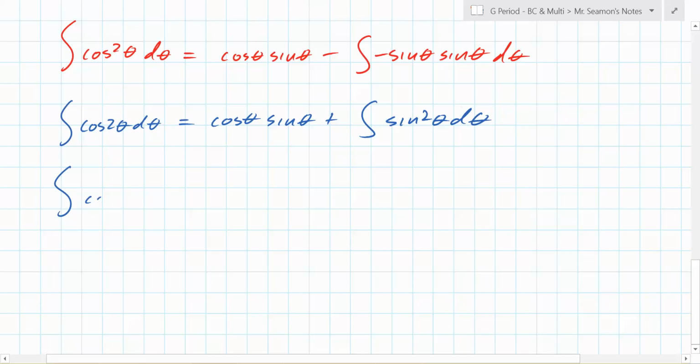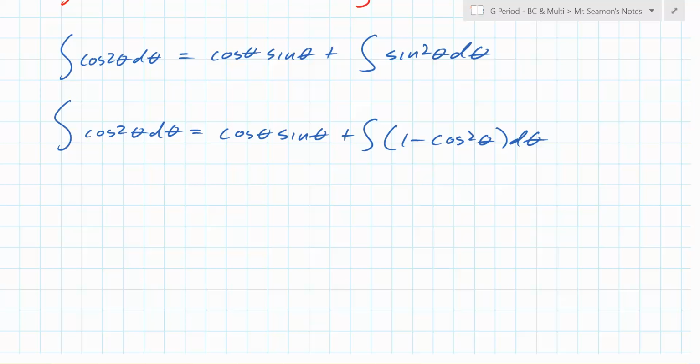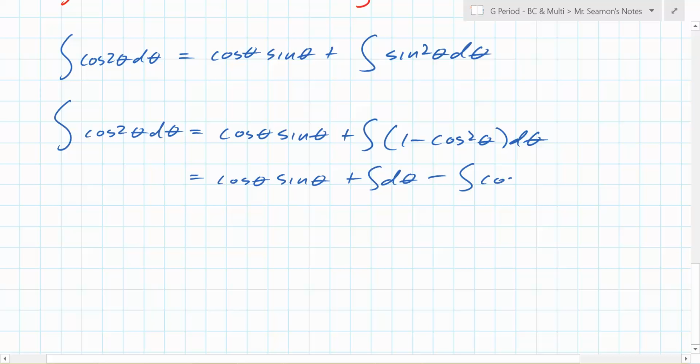So the integral of cosine squared theta d theta equals cosine theta sine theta plus the integral of 1 minus cosine squared theta d theta, correct? What can you do when you integrate two things being subtracted? Separately. So this equals cosine theta sine theta plus the integral of d theta minus the integral of cosine squared theta d theta.